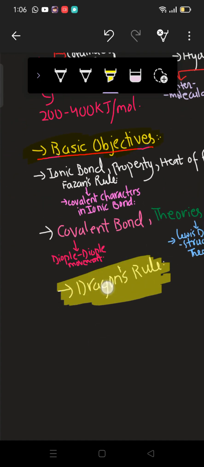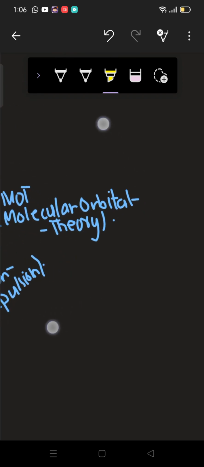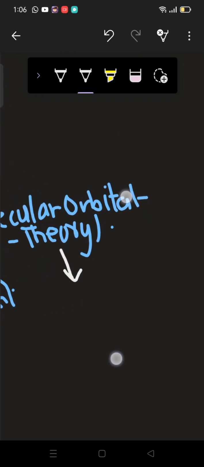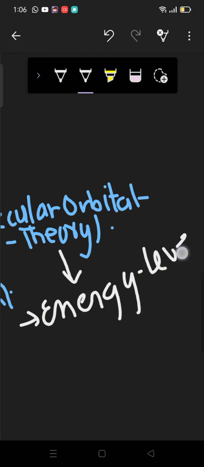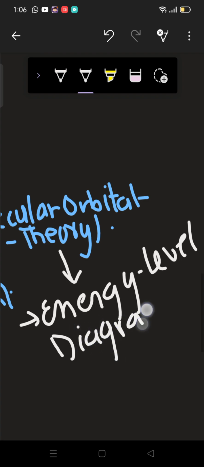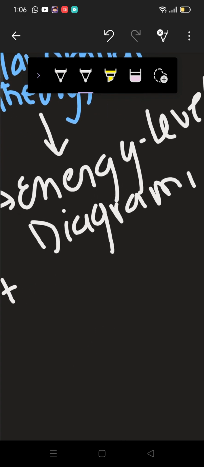We're gonna study the energy level diagram in the MOT as well. Plus, we're going to study here the electronic configuration of molecules.